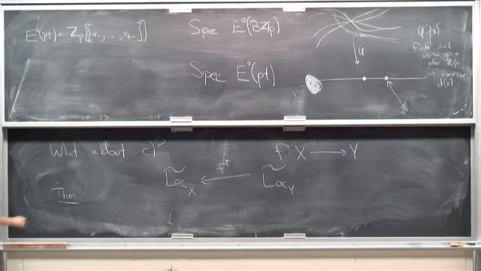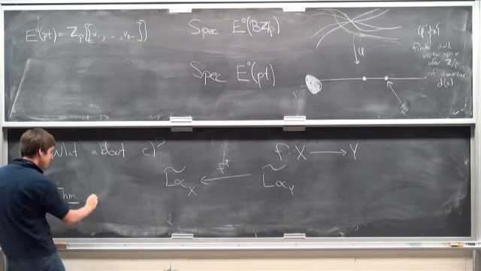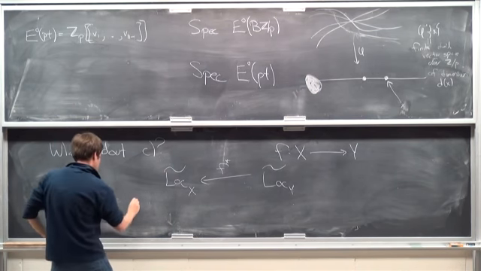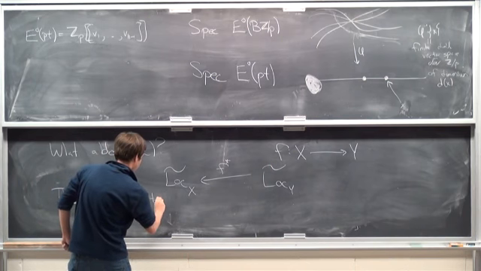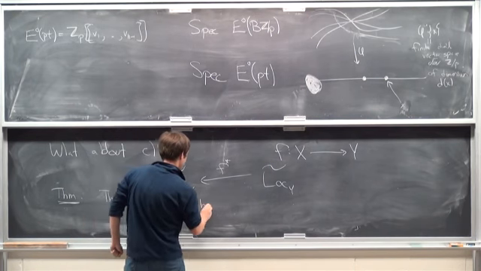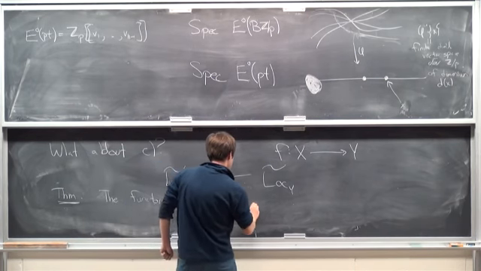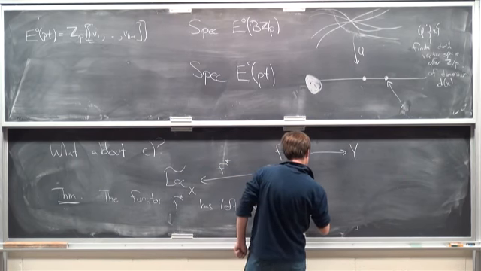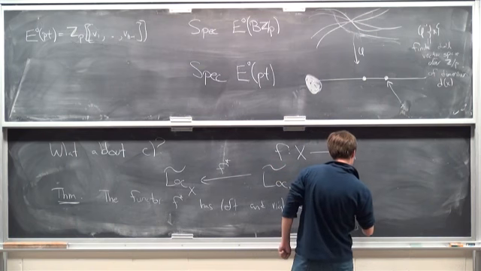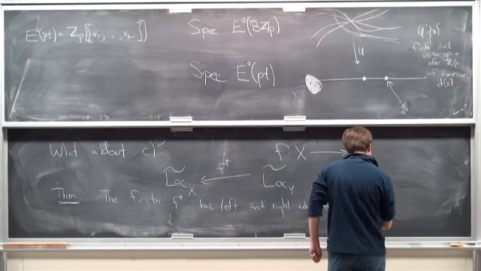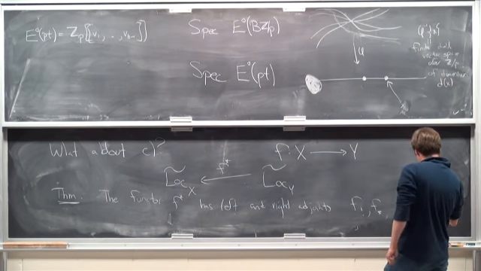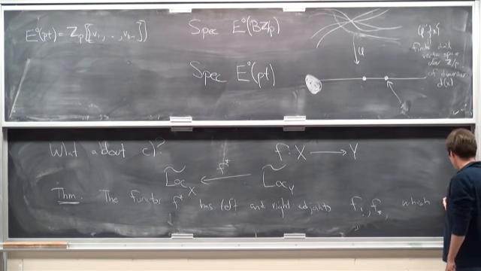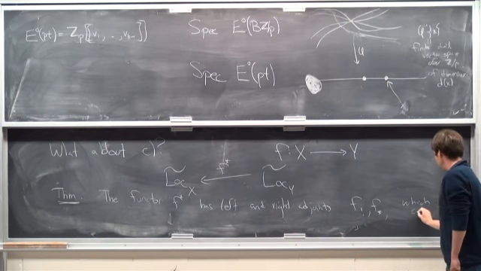One way of saying it is that the functor f upper star has left and right adjoints. Let me call those f lower shriek and f lower star. But now, having introduced a notation for them, I don't need two different notations because they are canonically isomorphic.